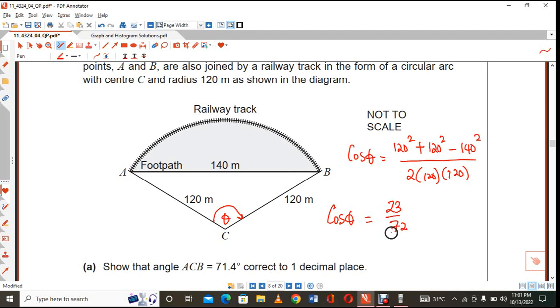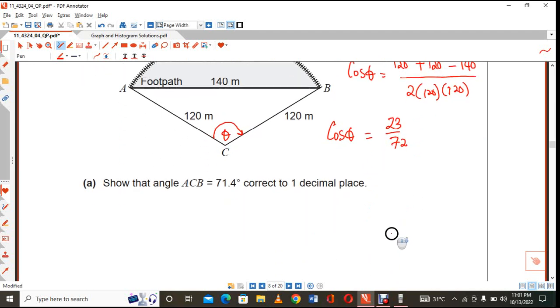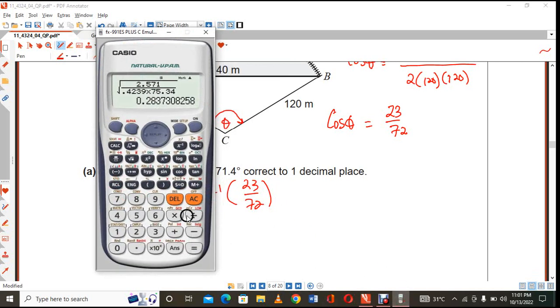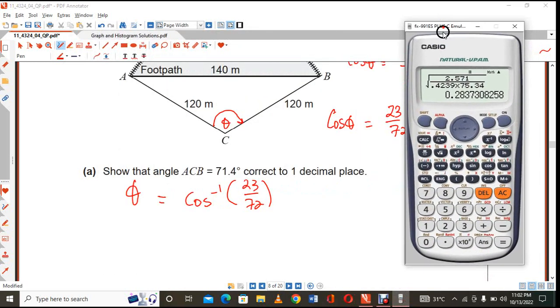So since we are looking for an angle, we're going to then take the inverse, and you must make sure your calculator is in degree mode, okay? So theta is going to be the inverse cosine of 23 upon 72, okay? So when you grab your calculator, you will now say, okay, let's clear that, the inverse cos, shift cos of 23 upon 72.